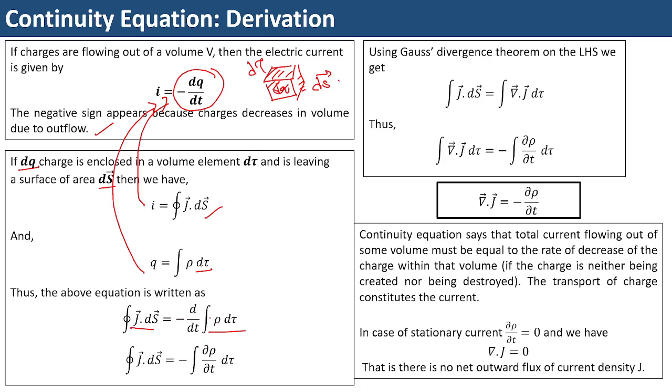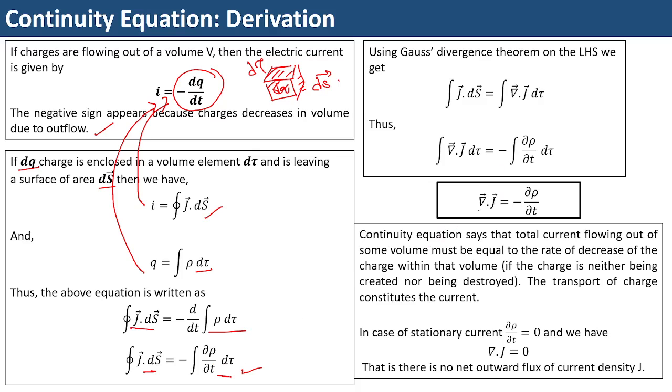Now we know that whenever we have to take this d/dt term within the integral sign, it goes as a partial derivative. So you get the integral of J dot ds equal to minus the integral of del rho del t d tau. Now this is a surface integral, and this is a volume integral. I cannot equate them or take the integrands out. So I have to convert the surface integral into a volume integral, and we know how to do that by using the Gauss divergence theorem.